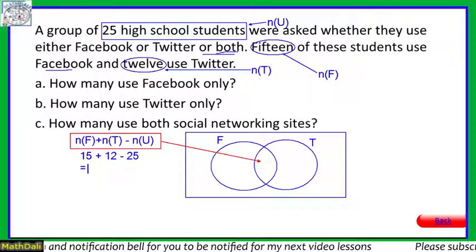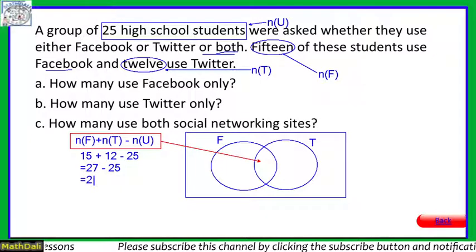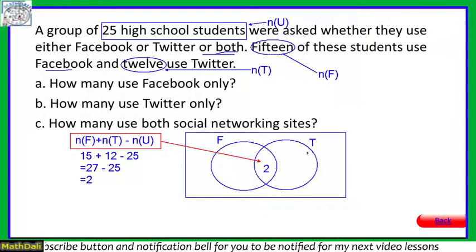That will be equal to 15 plus 12, that is 27, less 25. That will be equal to, yung intersection natin dito ay 2. Okay, so yan. So, pwede na natin ilagay dito yung intersection na 2. We have 2 students who use Facebook at the same time Twitter.